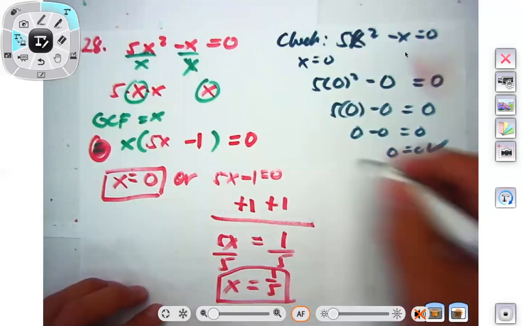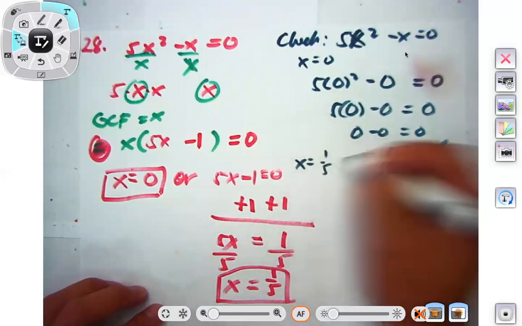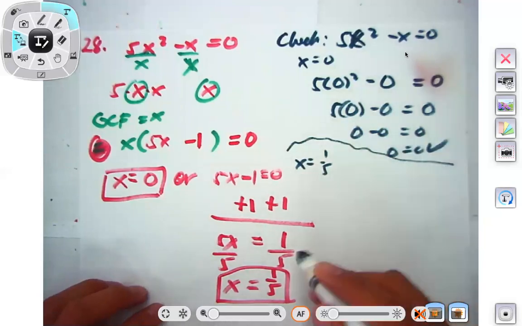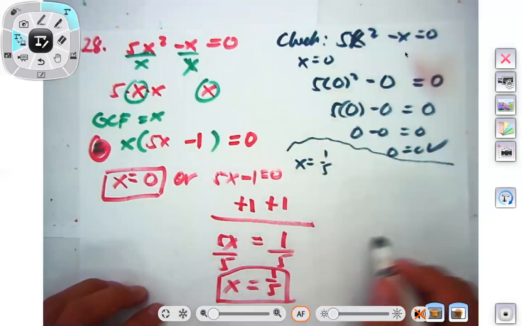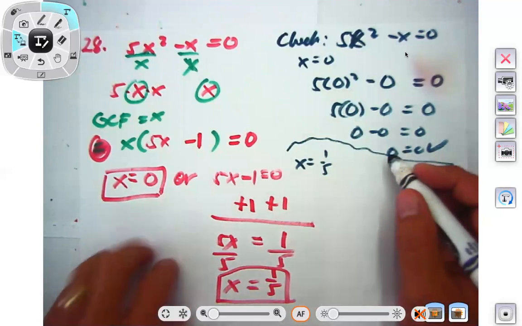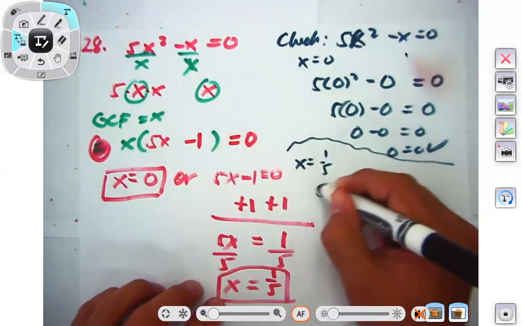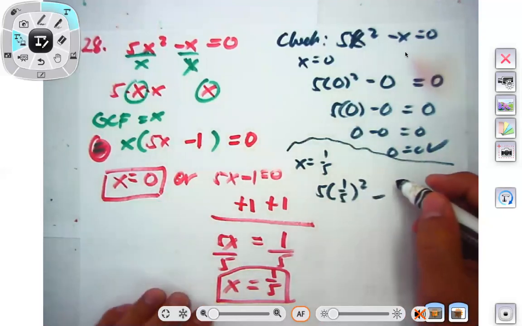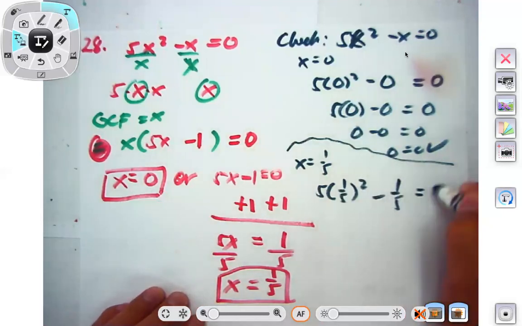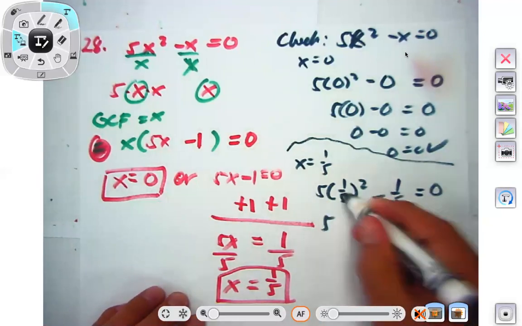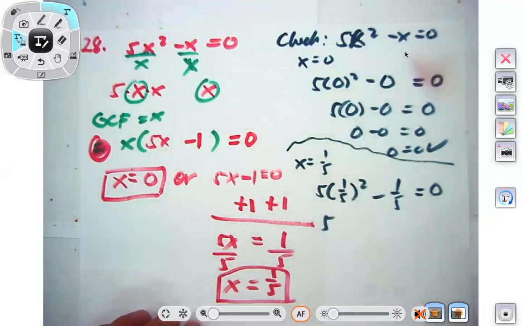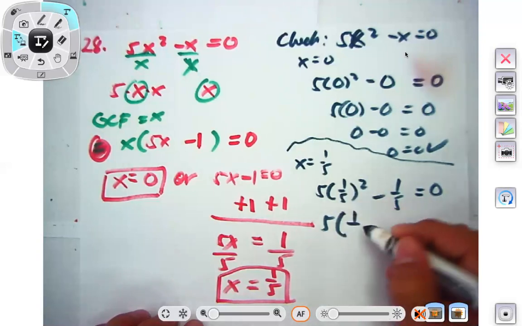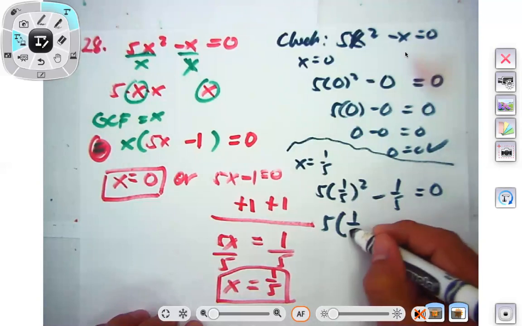Now, what if we check 1/5? x equals 1/5. Well, checking is optional. If you just want to do checking, you can plug into the original equation. Your x is 1/5. So we have 5 times 1/5 squared minus 1 over 5 equals 0. 1/5 times 1/5 is 1 over 25.